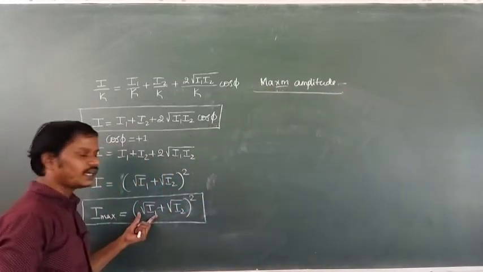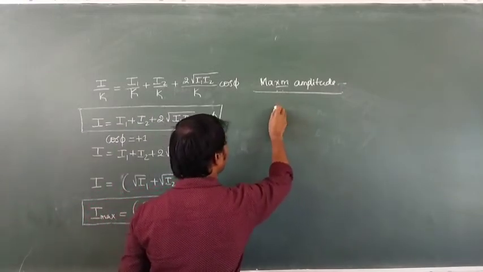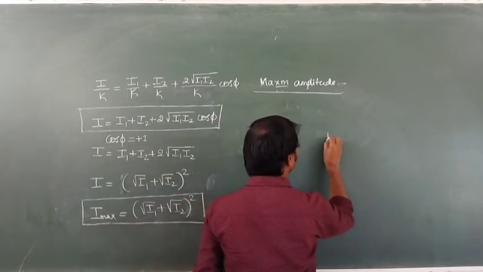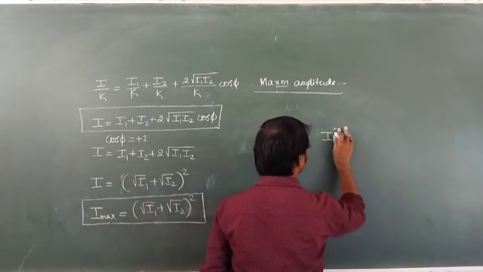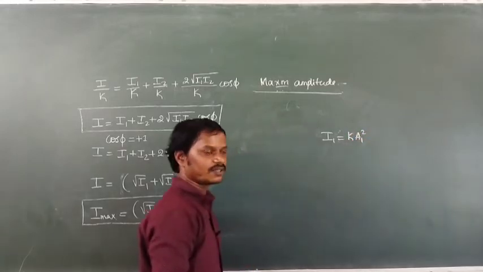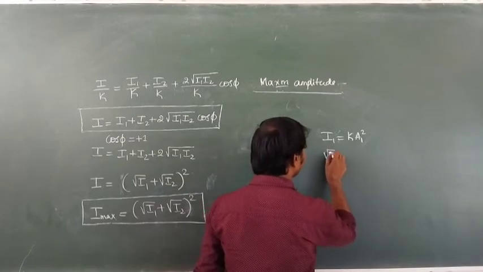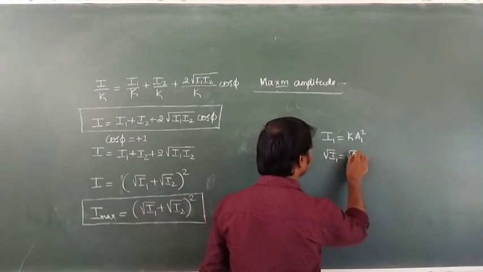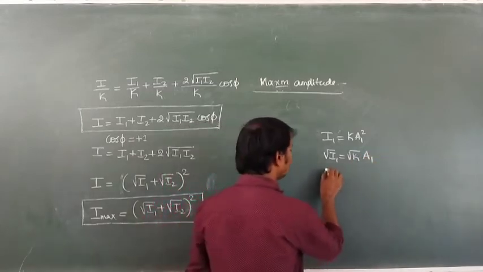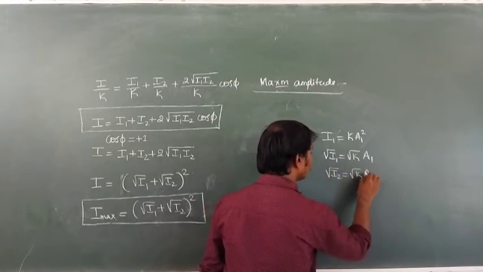So what is root I1? Root I1 is nothing but A1. See here, I1 is equal to K into A1 square. Then root I1 is equal to root K into A1. And similarly, root I2 is equal to root K into A2.